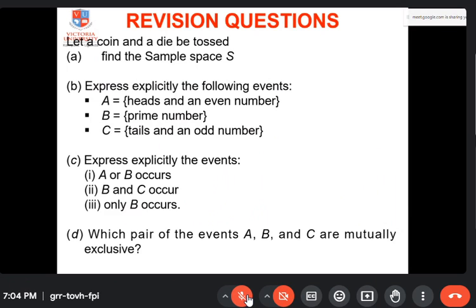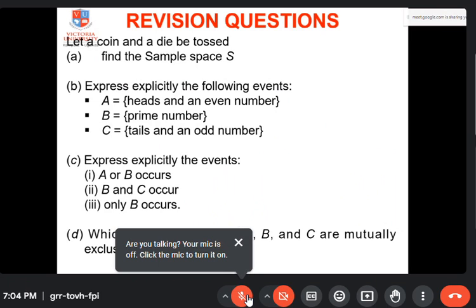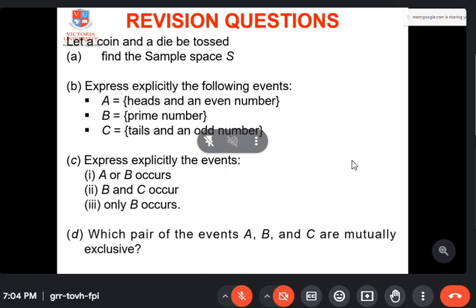Then which pairs are mutually exclusive? When we talk about pairs, you can take A and B, A and C, or B and C. Which ones are mutually exclusive? That means which pairs don't have any intersection.